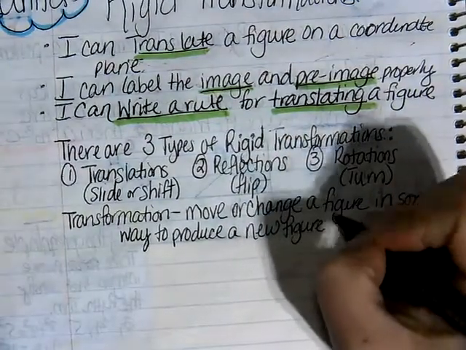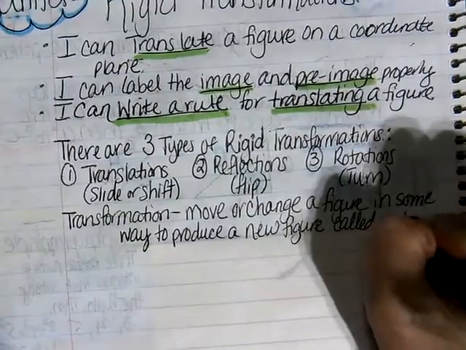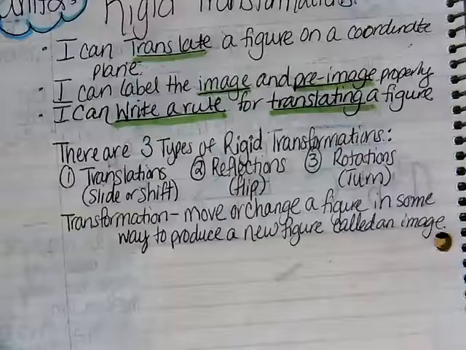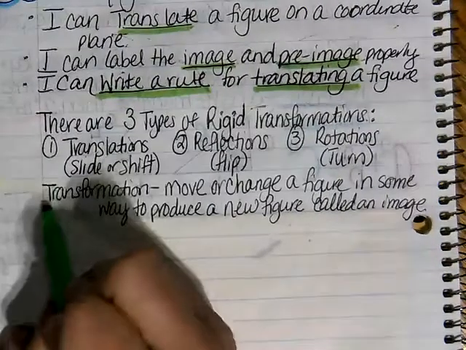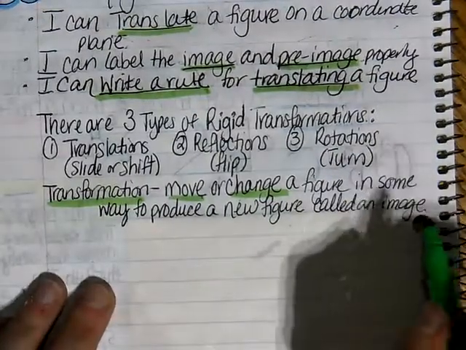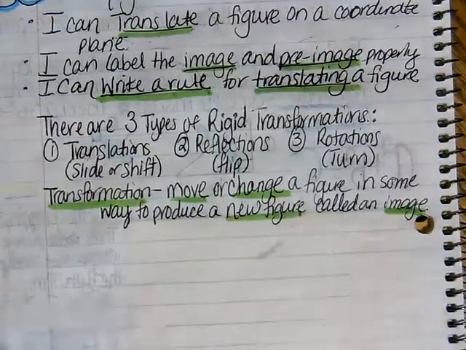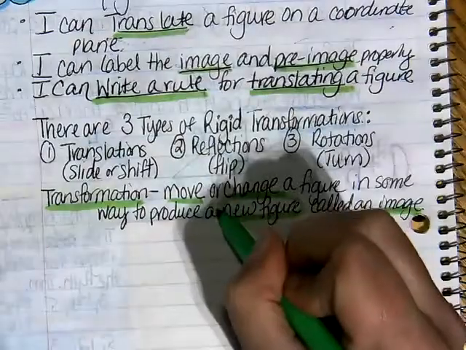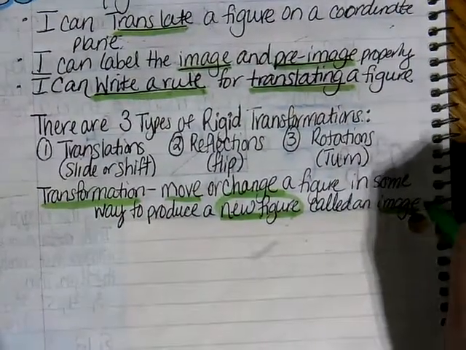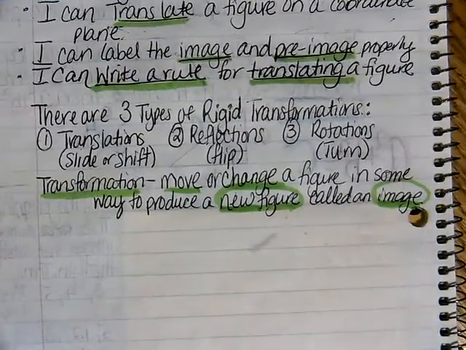This figure is called an image. So a transformation is where you move or change a figure in some way to produce or create a new figure that is called an image. So a new figure called an image is what happens after you have transformed something. This is something that I need you to know. This is a term that we will be working with a lot.